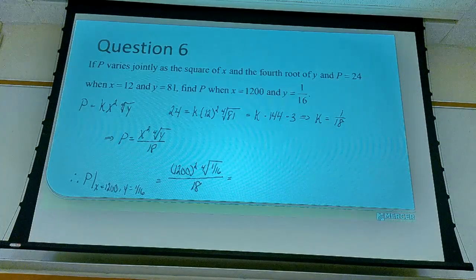You said 1,000? 100 squared. It's 10,000. 144 times 10,000 is what? 144 with 4 zeros after it. That's 1,440,000.